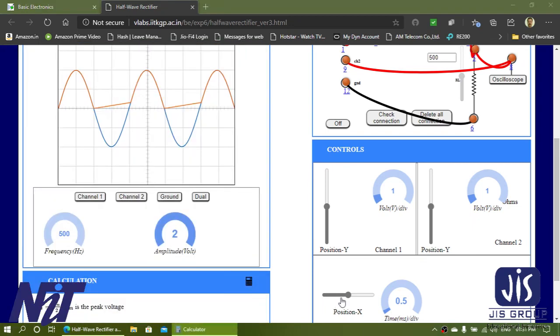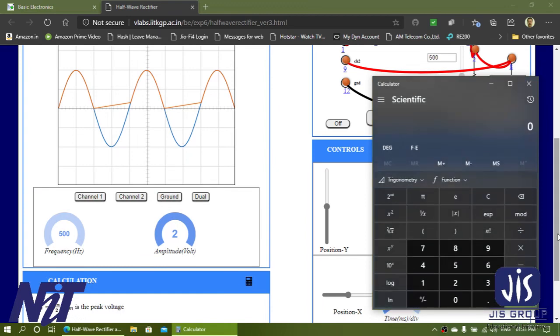So if it is 2 millisecond, then open the calculator. We'll find the frequency from this 2 millisecond time period: 2 into 10 to the power -3, and that will be divided into 1.